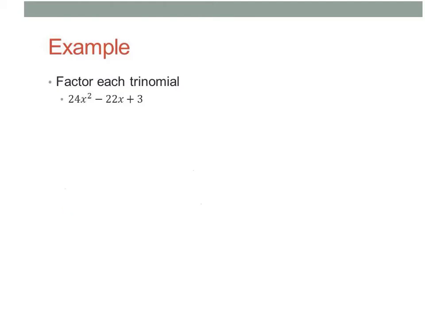But this is where the AC method is going to be much more helpful. So AC, we're going to take 24 times 3, which is going to be 72. And so we need to find all of our factors of 72. So it is 1 and 72, 2 and 36, 3 and 24.